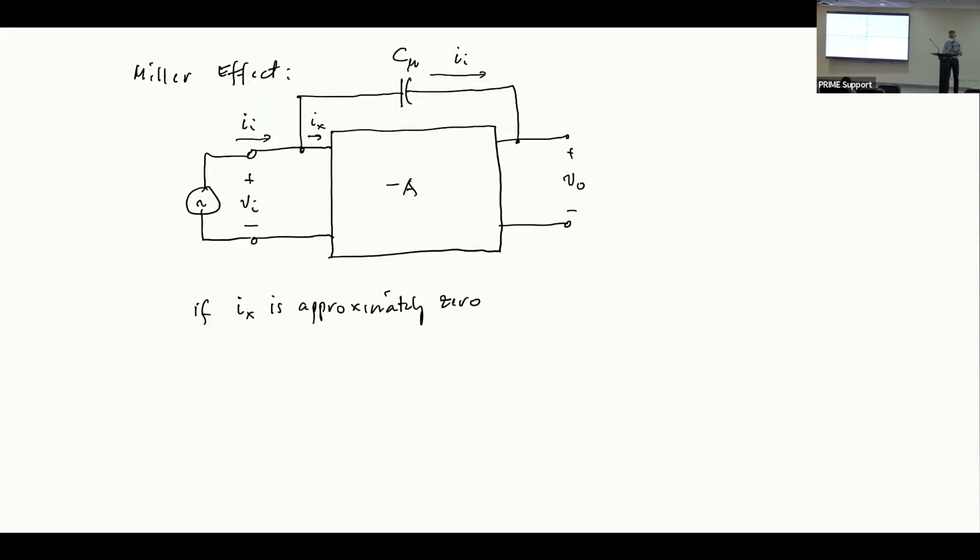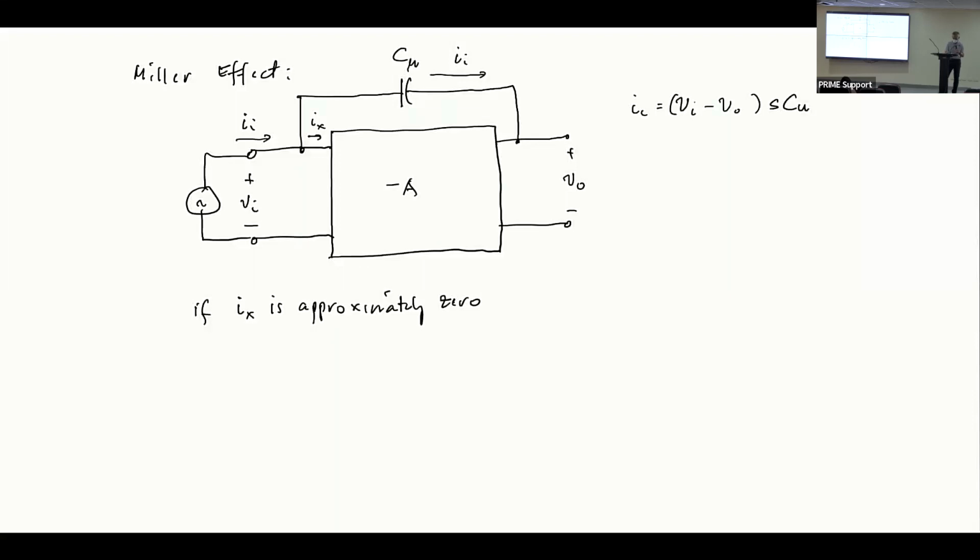Now I sub I is equal to V sub I minus V sub O multiplied by S C mu, right?